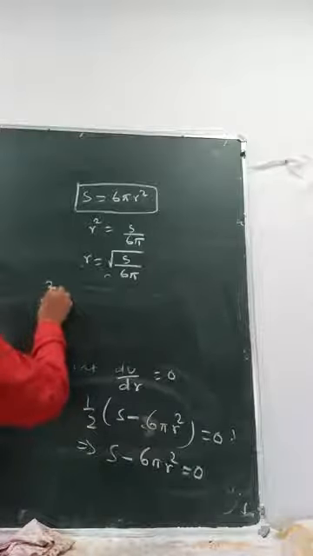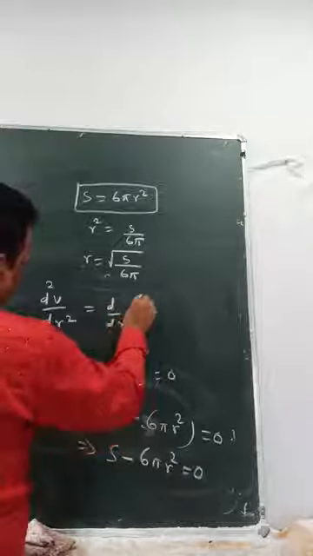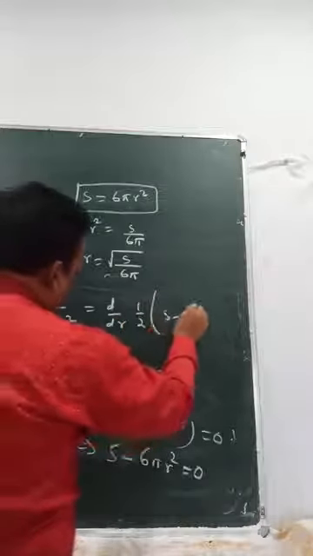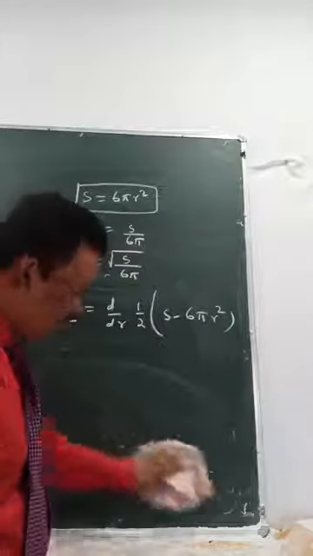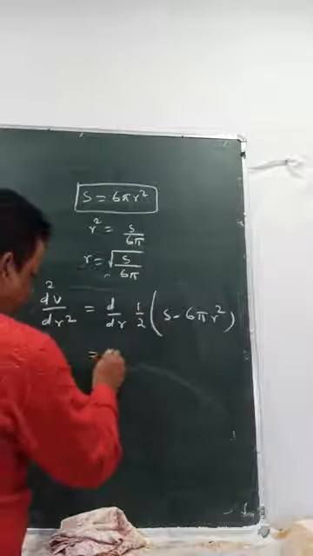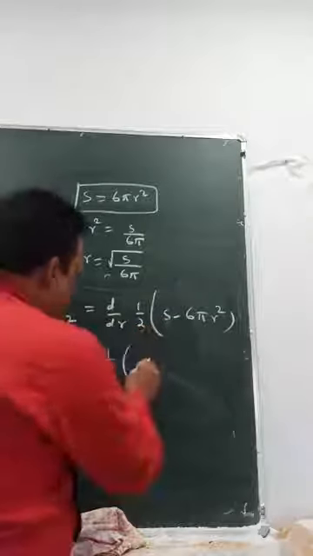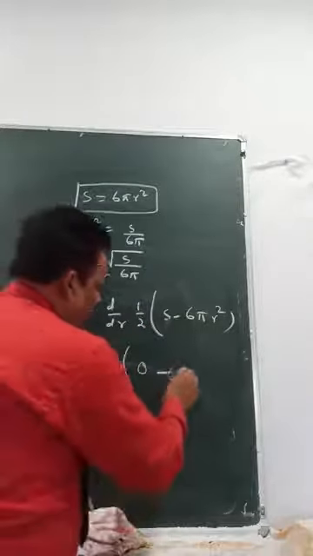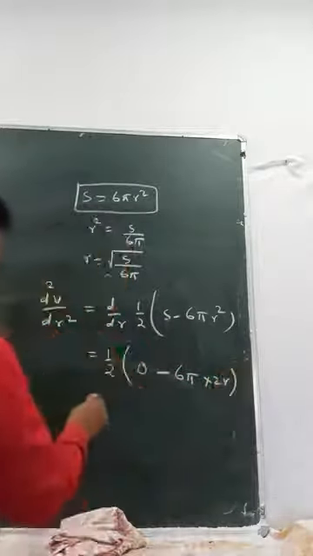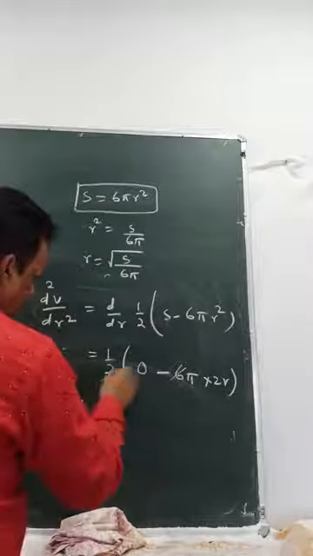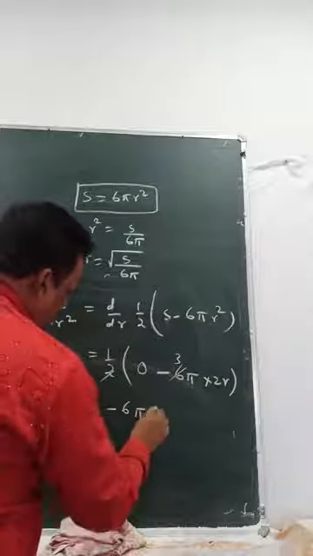d square V by dr square is d by dr of half times S minus 6 pi r square. The half will remain outside. Now derivative of S, because S is constant, will be 0, minus 6 pi r square, derivative is 2r. So you can cancel 3, giving minus 6 pi r.